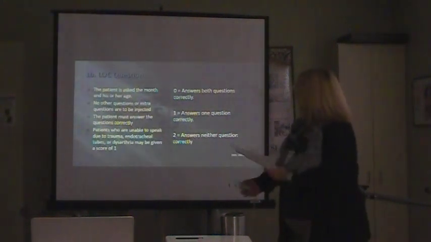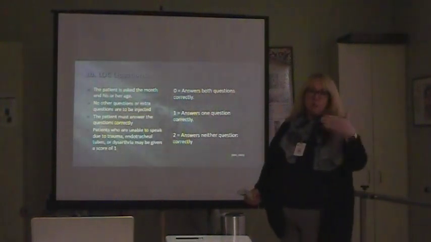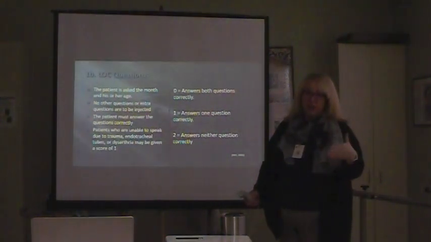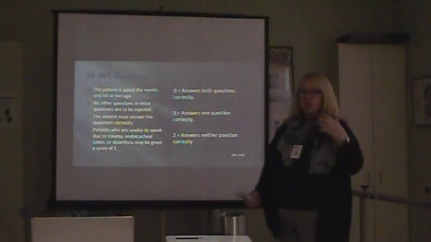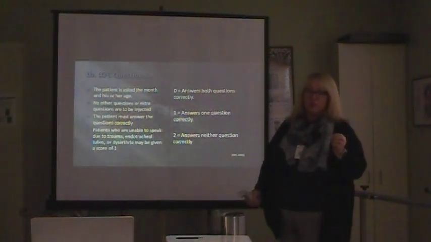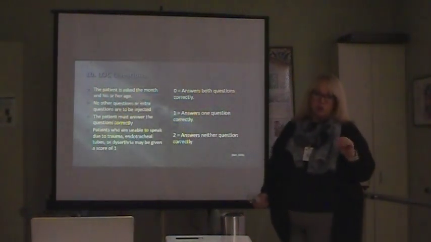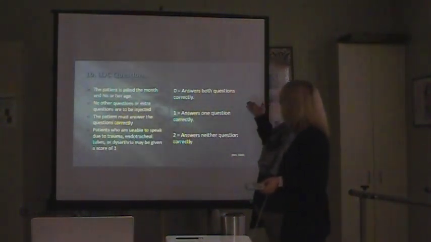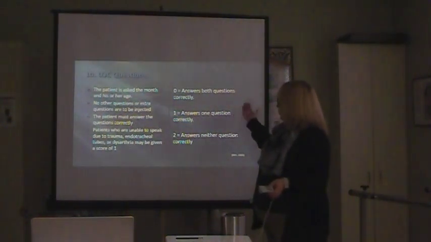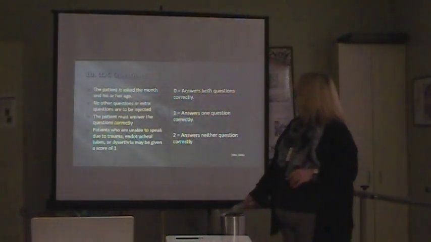And we do this in this section to ensure that the nurses are asking the same question over and over again and grading on the same questions each and every time. You're welcome to ask any other time, who's the president, where are you at right now, and all of our other level of consciousness for your assessment. But when you're grading the NIH, those are the only 2 questions we want you to use, okay? So it's really simple. If they get them both correct, then they get 0 points. Just 1 correct, they only get 1, and then none correct, they get a score of 2.